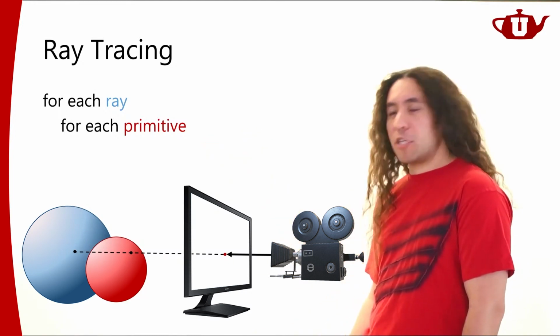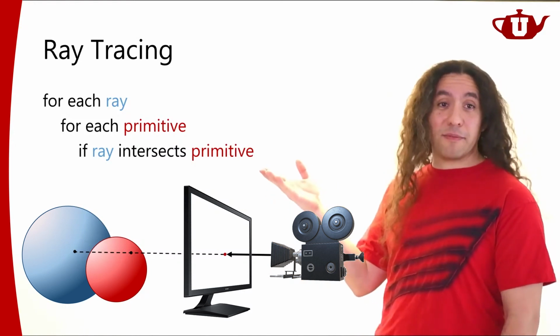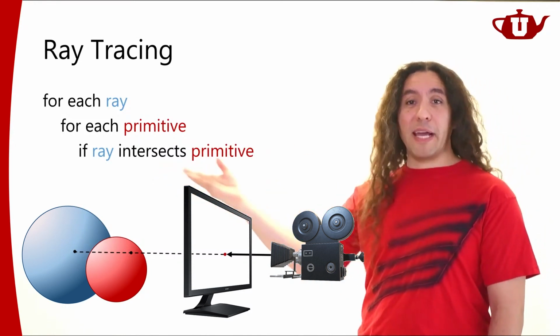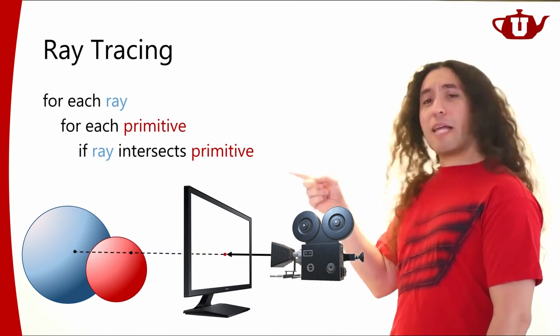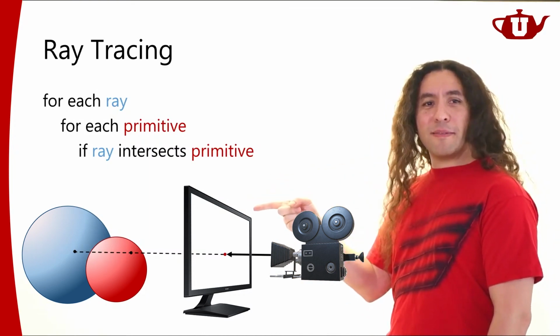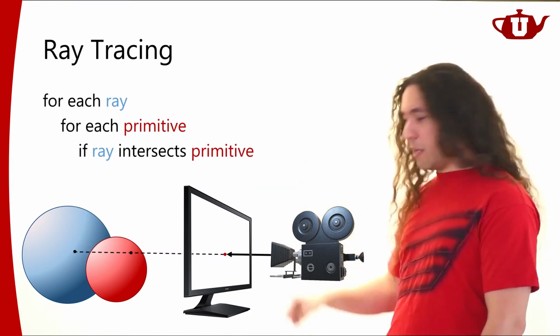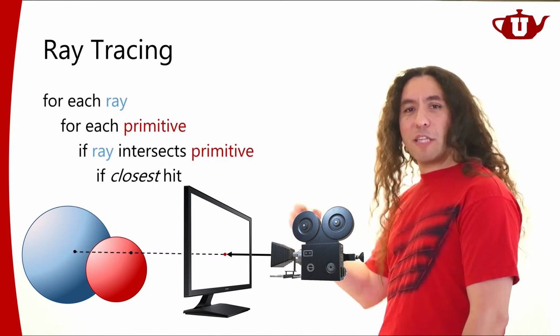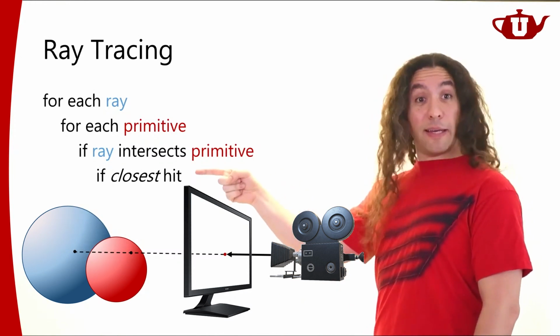For each primitive, I'm going to check if the ray intersects with the primitive. If the ray intersects with the primitive, I also need to make sure that it is the closest one. Because I'm going to look at all of them. And then I also need to check, okay, if I found a hit, is this the closest hit?